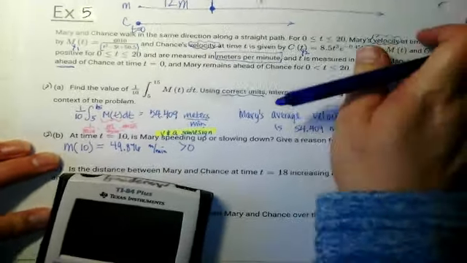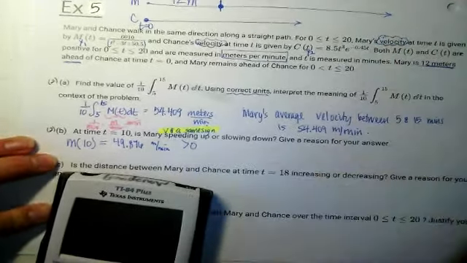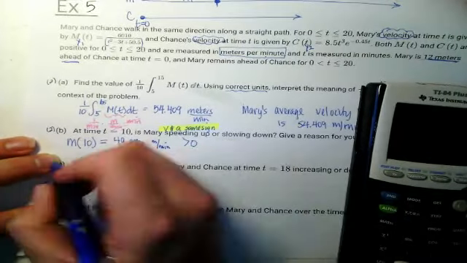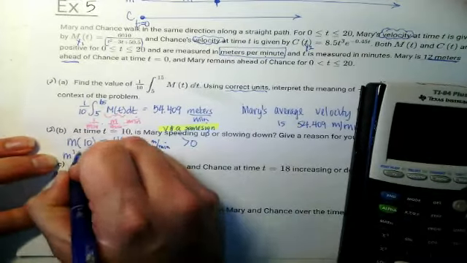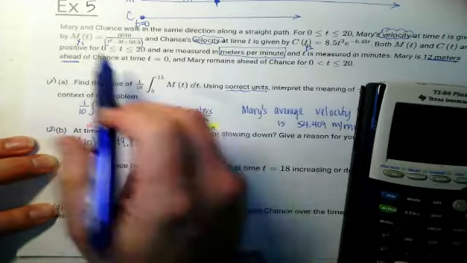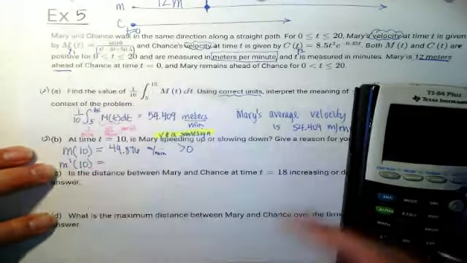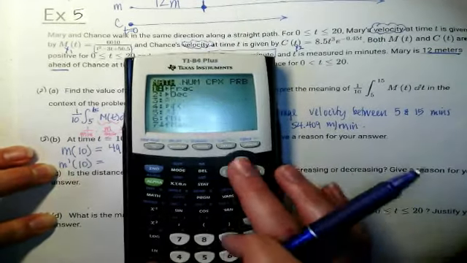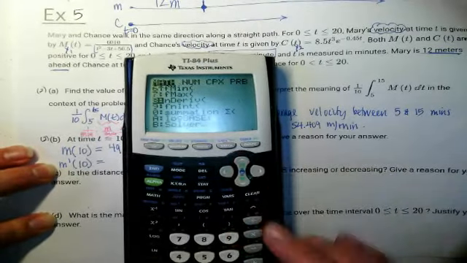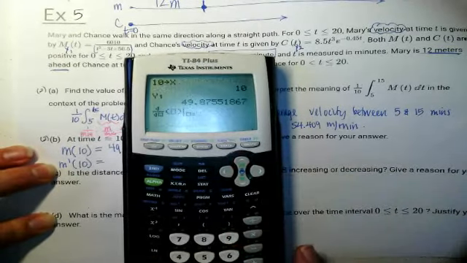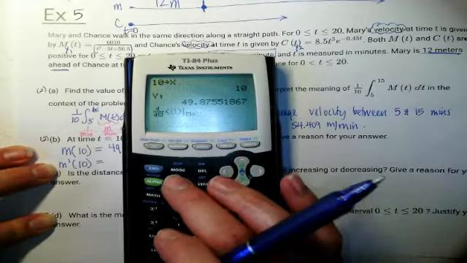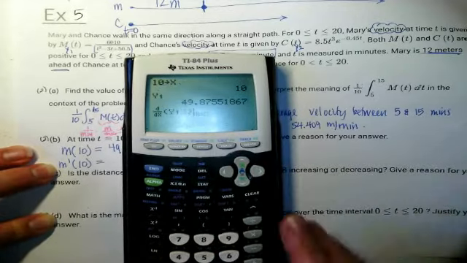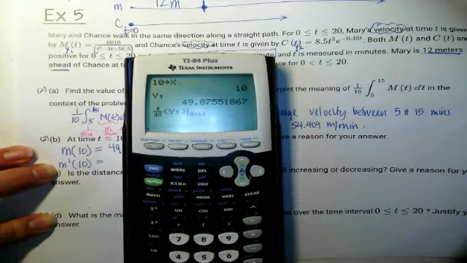Now we also need to consider her acceleration. How do we find the acceleration? Well, it's just the derivative. The derivative of her velocity equation is acceleration. So I'm going to take the derivative. Going to the math menu, I'm going to take my numeric derivative, the derivative in terms of x, and I'm just using my y1 equation again, when x equals 10.